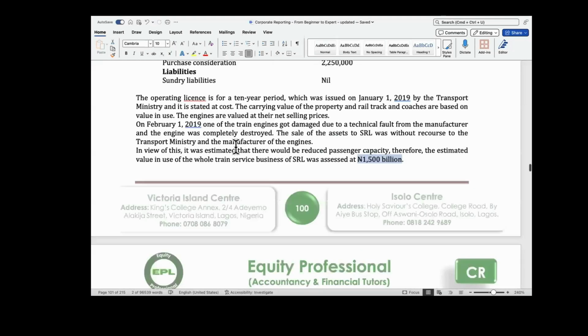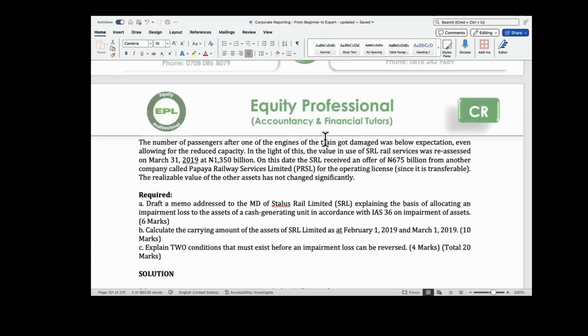Furthermore, the number of passengers after one of the twin engines got damaged was below expectation, even allowing for reduced capacity. In the light of this, the value in use of SRL was reassessed in March to 1.3. Wow. Again, further reduction. In February, it was 1.5. Things are not working out. Now it is 1.3.